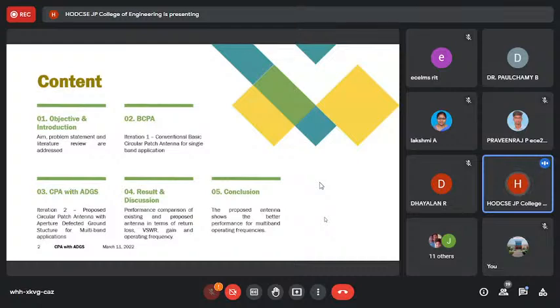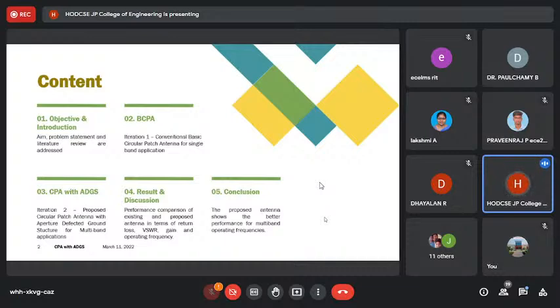I organized it such that the first is the objective and introduction, and the conventional or existing circular patch antenna, which is considered here as iteration 1. Next is the proposed work of our team, that is iteration 2, a circular patch antenna with an aperture introduced in the ground structure.